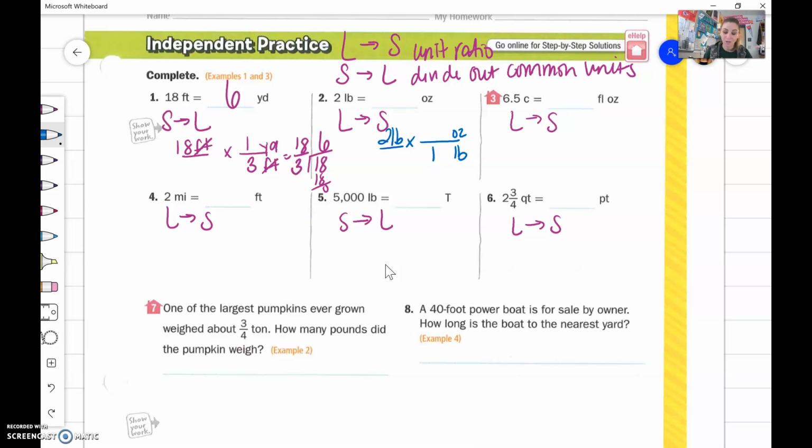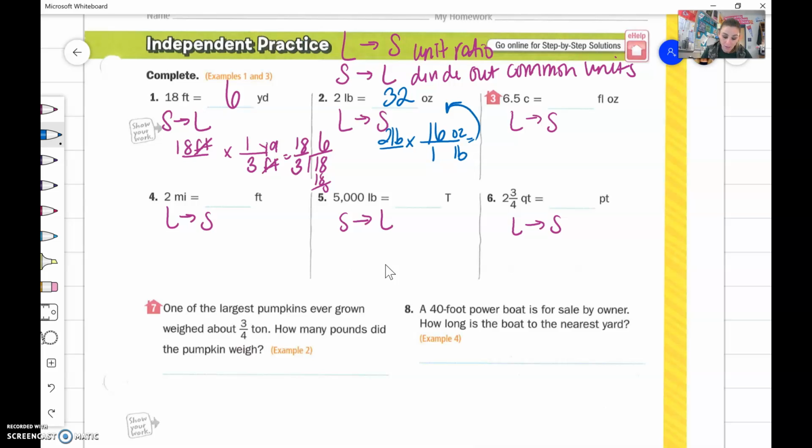I want to know how many are in 1 pound. How many ounces are in 1 pound? 16 ounces in 1 pound. Now I multiply across, and I get 2 times 16, which is 32. Multiply my bottom numbers, I'm still going to get 1.